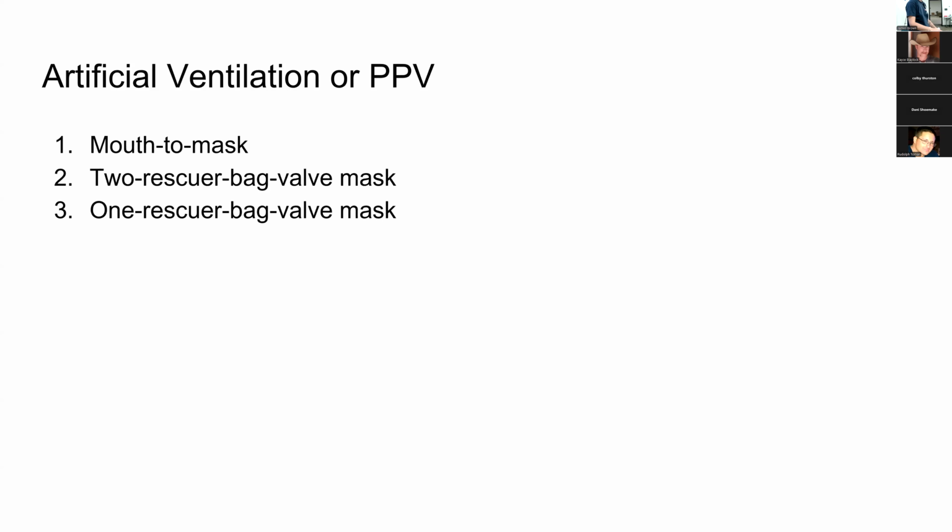So you give them a little extra squeeze, just to see that chest rise. Then you count 1, 2, 3, and you figure out how many times a minute they're breathing. If they're breathing 8 times a minute, we want to give them a breath in between those 8 times a minute to help get them to that 10 or 12 breaths a minute.